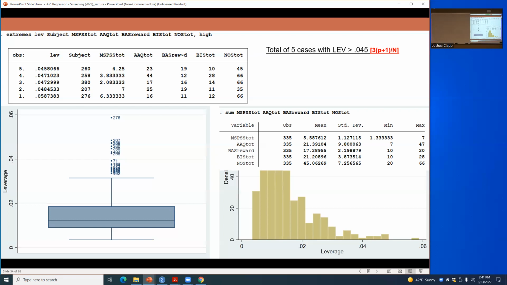For BIS total, the average score in this sample is 21 with a standard deviation of 3. If I go 2 standard deviations out, let's call that a value of 8, we're at 21 minus 8, which is 13. This person's score here is 12, so we're over 2 standard deviations below the mean. By definition, that's kind of a strange score.